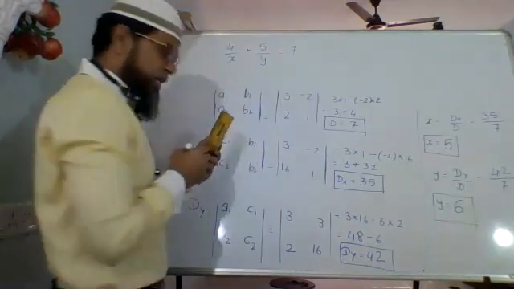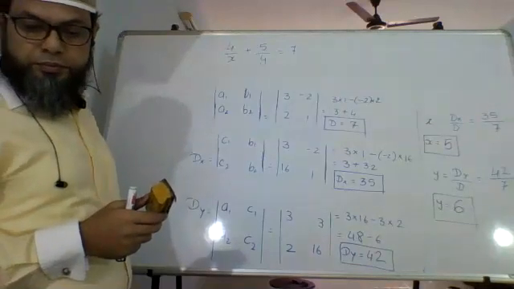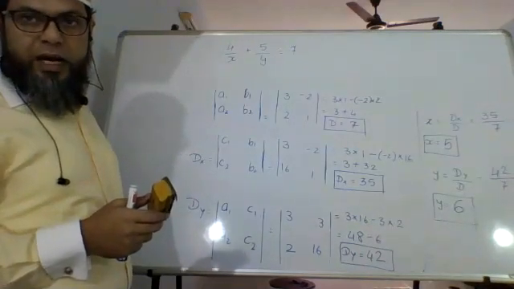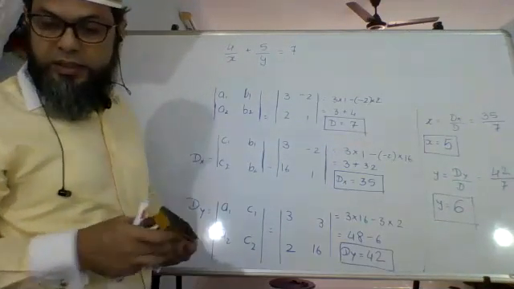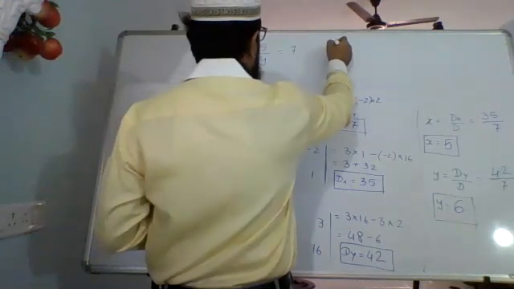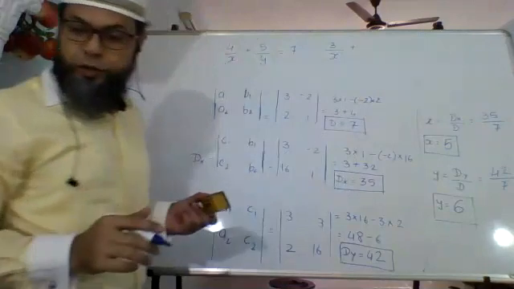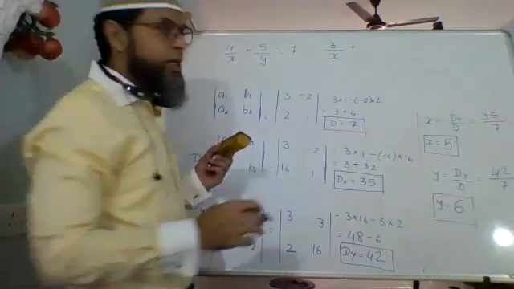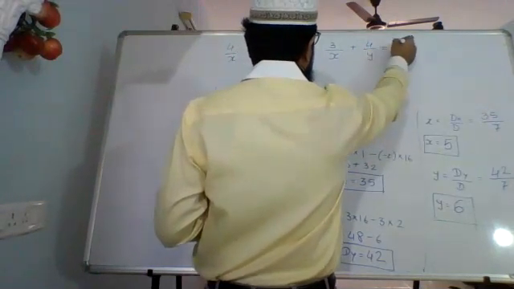Now, we have seen these kind of equations, 4 upon x plus 5 upon y, and we had said these are not linear equations, isn't it? Last time we had said these are not linear equations because the degree of the variable in this case tends to be -1. Degree of the variable is -1.